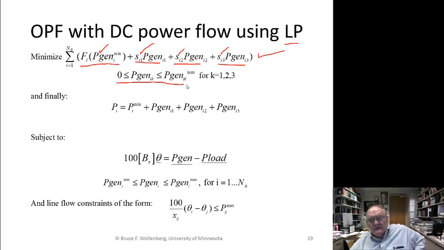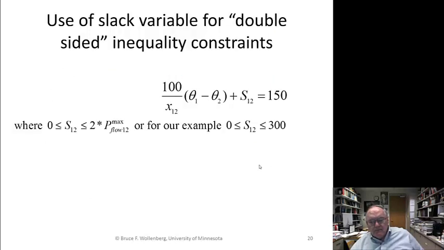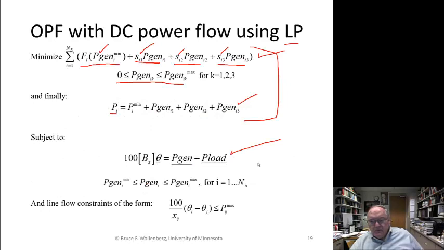K is the segment index. We have 3 segments in there, and then P_i is equal to the Pmin plus the 3 segment values. So this covers my generator nonlinear function. Same linear function for the loading, one for each bus.